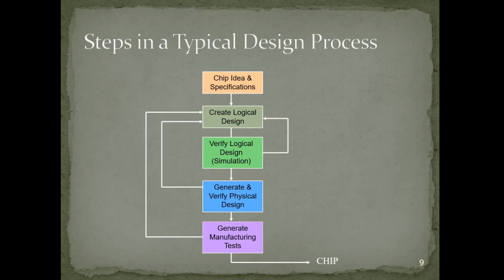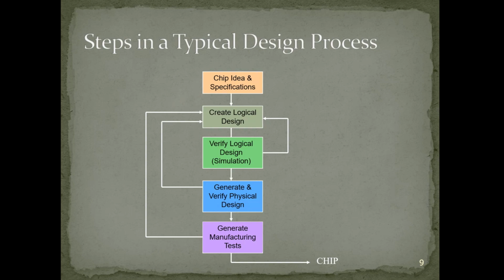But generally, if we were to show all the typical design steps that we must go through in order to put our idea into practice and then basically end up with a chip or perhaps a programming file if we don't pursue a physical domain design.